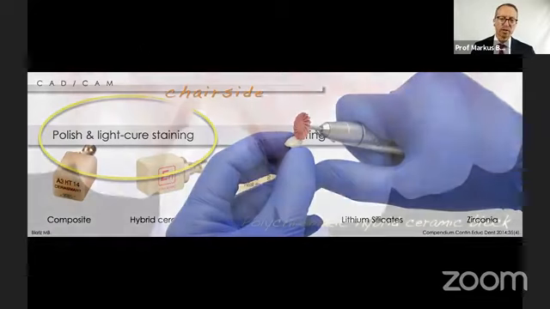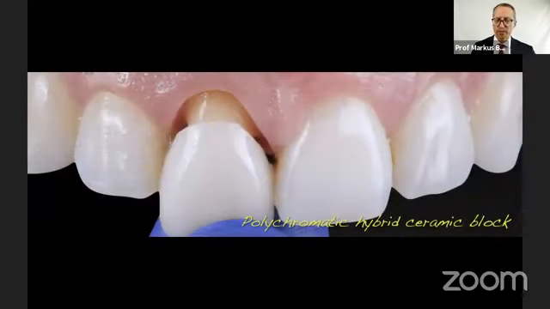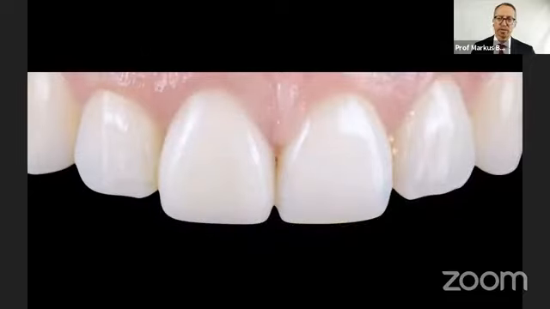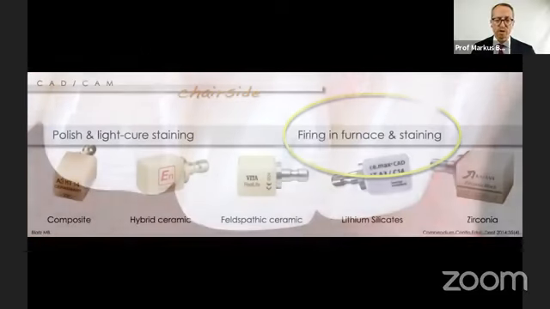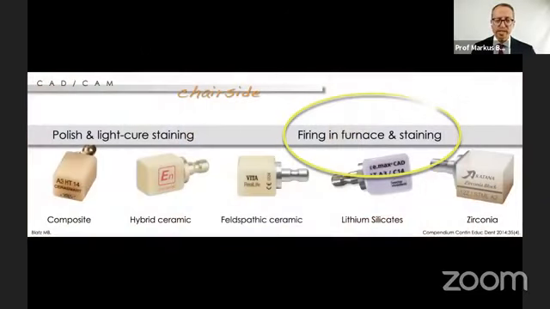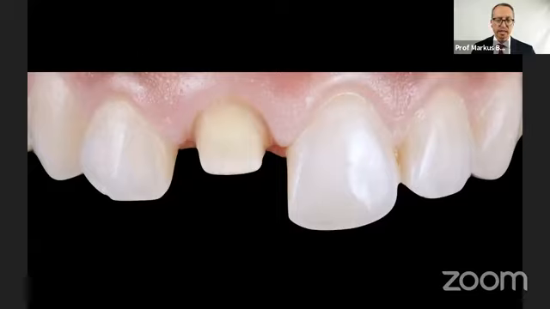Again, it's just a clinical example of how we finalize this restoration, milled in about 8 to 9 minutes. Very quickly, you polish the surface, and based on the specific situation in that patient, you can get decent results. The ones on the right-hand side require staining and glazing.